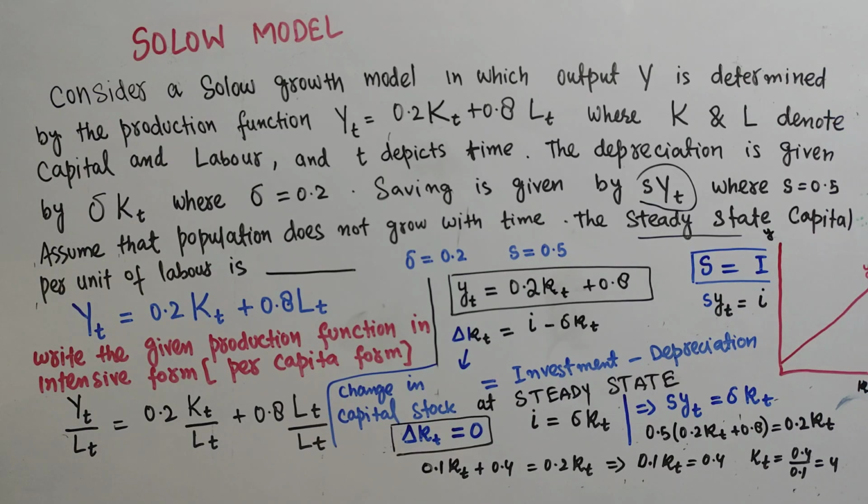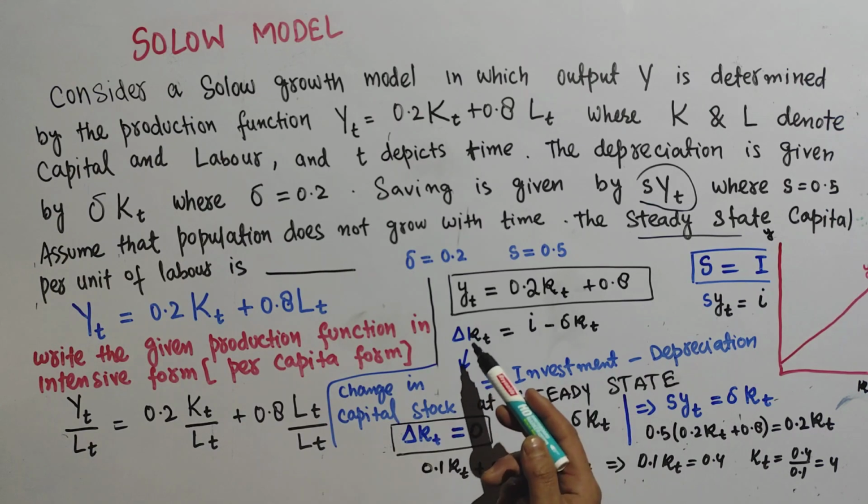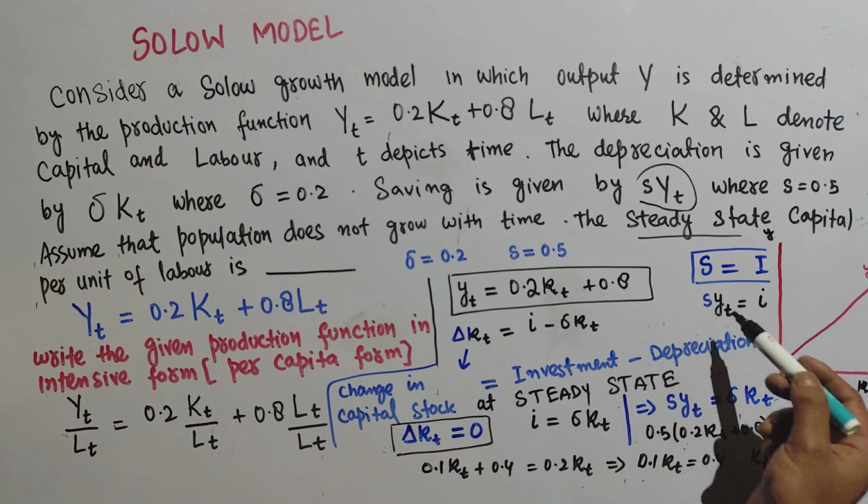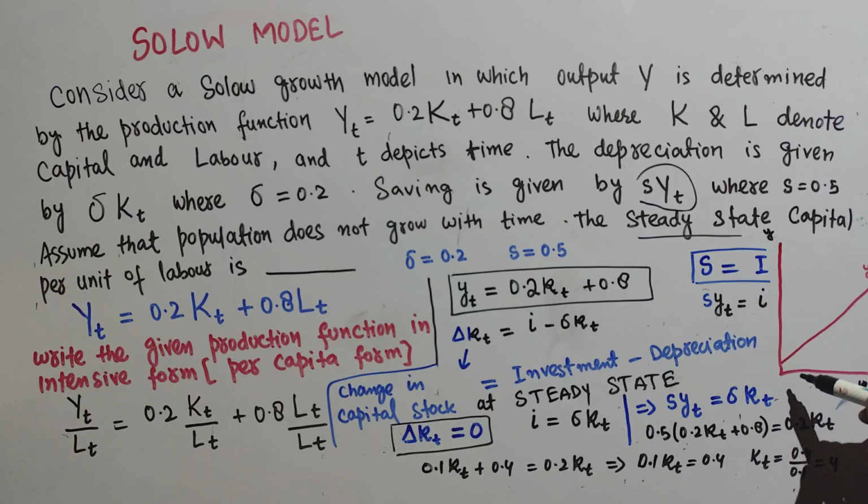This is our y_t, output per worker. Also we have the savings function, s y_t, which will look like this, 0.5 into 0.2. This is our savings function, and let's draw it like this.